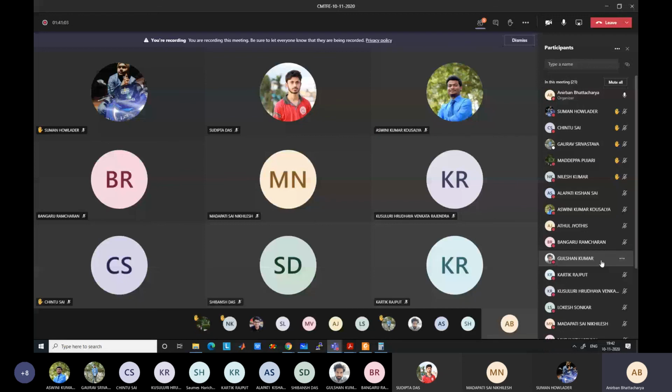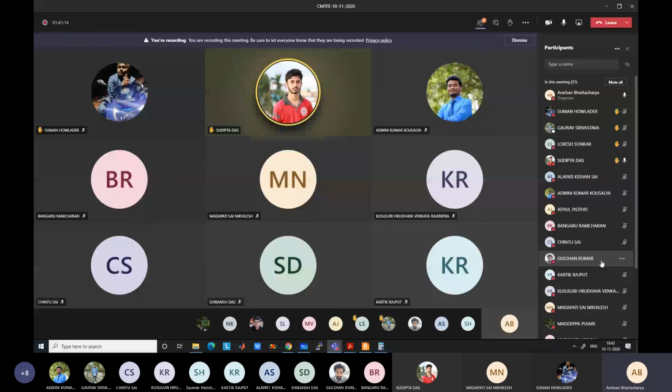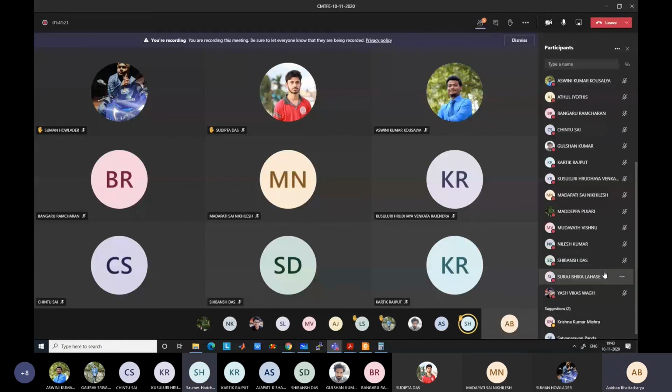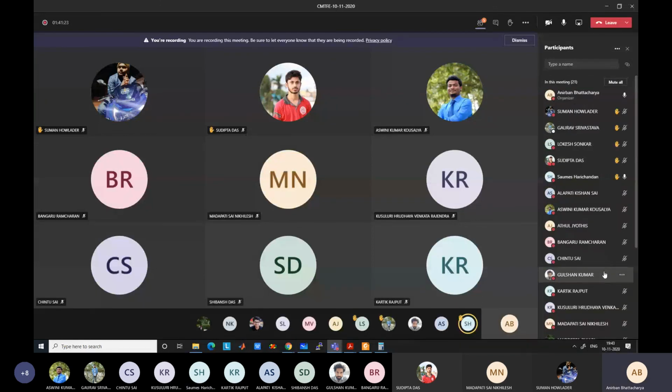Nilesh Kumar is present. Chintu Sai is present. Sudipto Das, where is Sudipto Das? Present. Yes, sir. Then yes, present. Thank you. Lokesh is present. Somesh Harichandan. Somesh is present. Ankit also has left. So Ankit is not there.